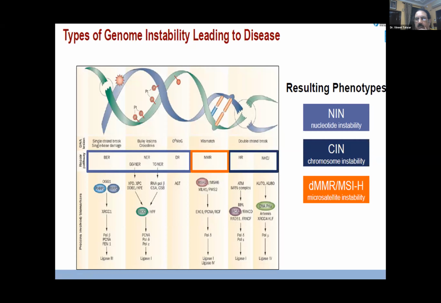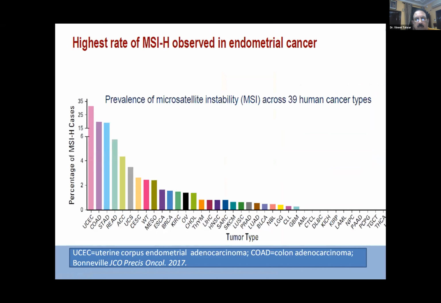There can be resultant phenotypes in the sense that you can have nucleotide instability or chromosomal instability or microsatellite instability. Amongst these, the endometrial cancer has the highest rate of microsatellite instability which is observed, which you can see here. And amongst all the cancers, the uterine corpus endometrial adenocarcinoma, you can see, has the highest number of cases as compared to the other 39 human cancer types.